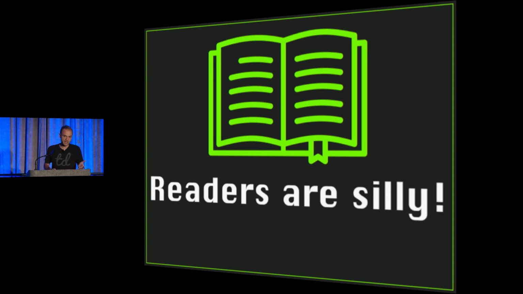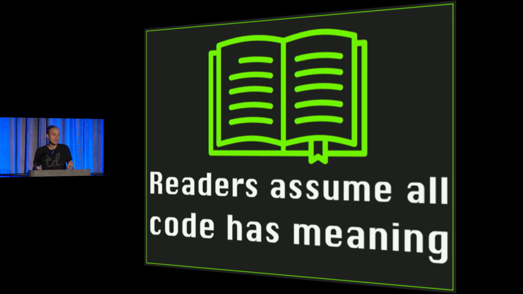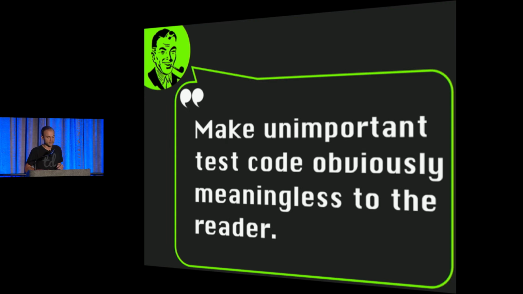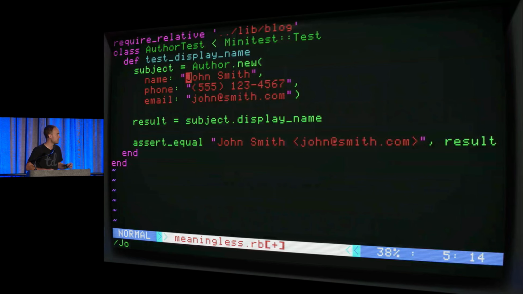Also, readers have this silly habit of assuming that all of our code has meaning, but there's a lot of meaningless stuff happening just to make our test work. And when we can point out that meaningless stuff, it really helps readers out. So in general, my rule of thumb is I try to make unimportant test code look obviously unimportant to the reader. An example of this is I'm creating a new author here, and he looks very realistic with John Smith and a real phone number and an email address.